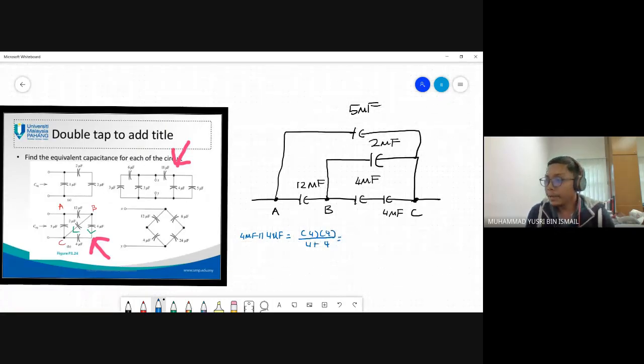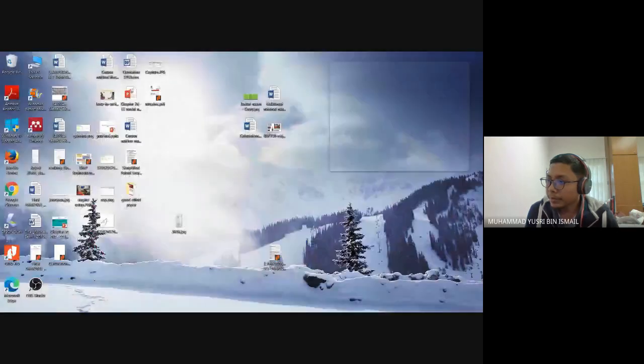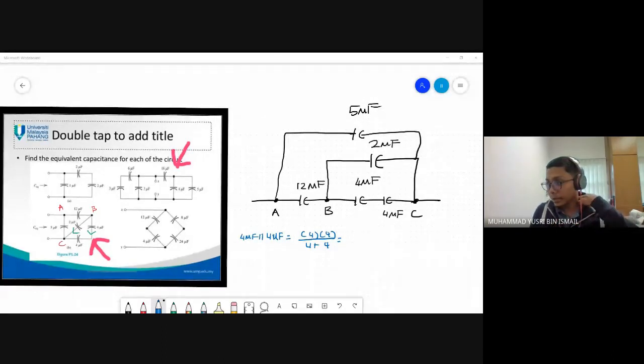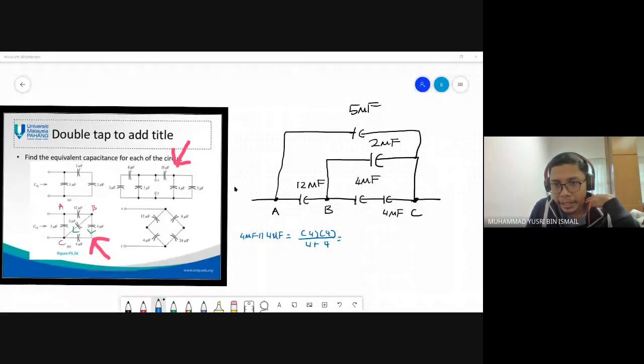Okay, berapa farad? 2. Okay, ini kita tulis dia 2 microfarad. Jangan buang micro ni.